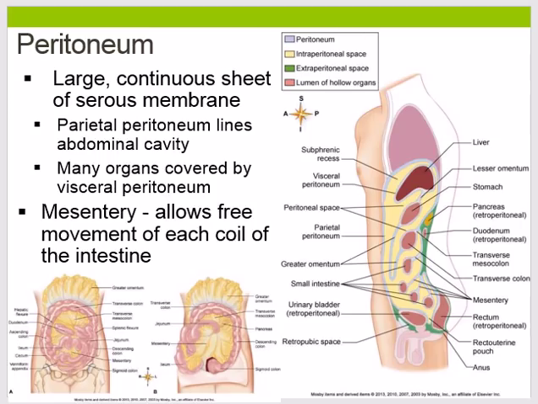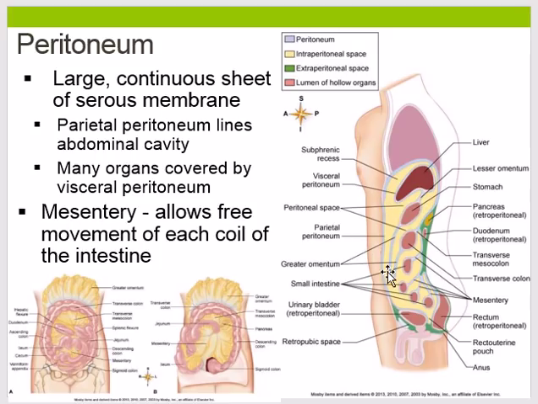Many organs within our digestive tract are covered by what's called visceral peritoneum. Remember, the term visceral refers to organ. So this is a peritoneum or a serous membrane that's actually covering a particular organ, which you can see identified here. We also have a parietal peritoneum, which lines our abdominal cavity.